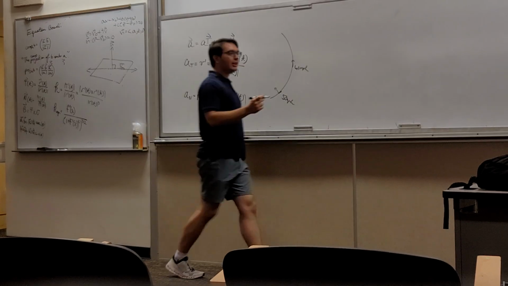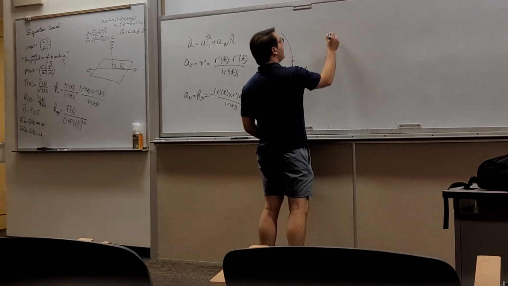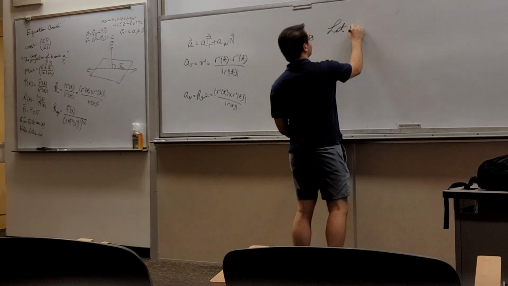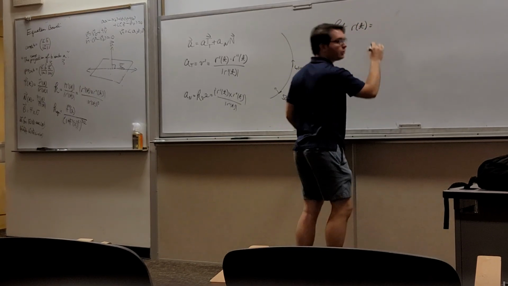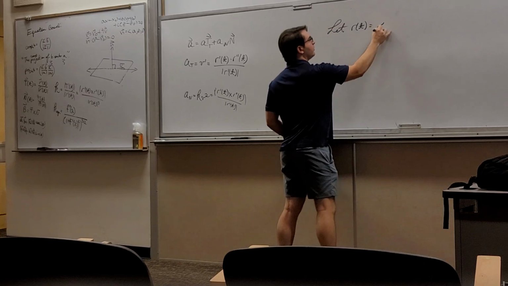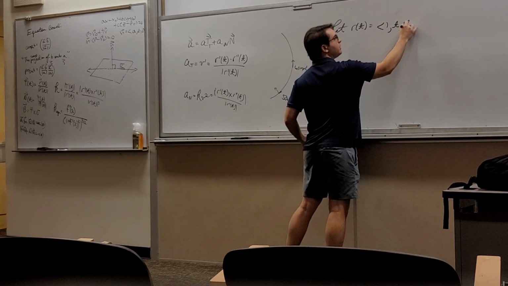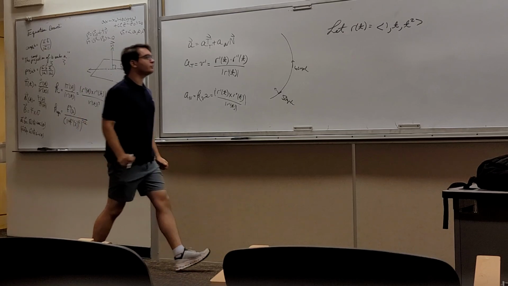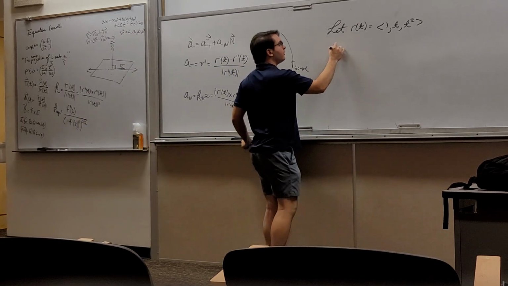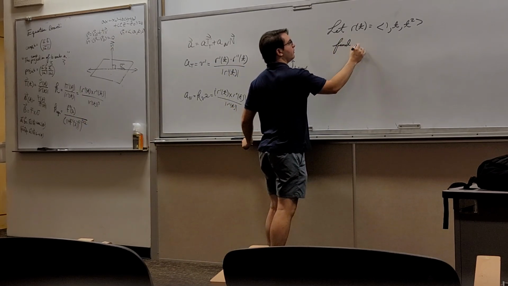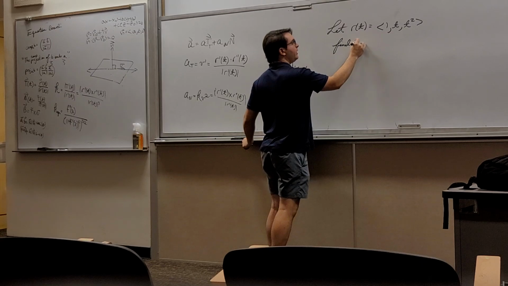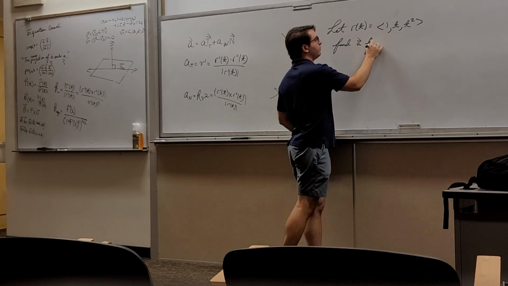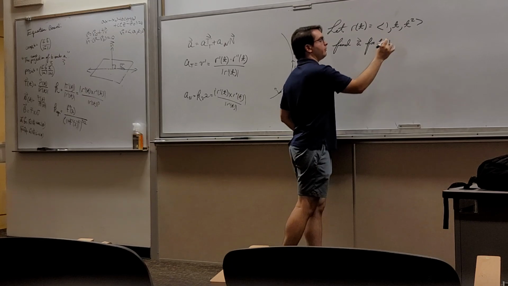So, let's give an example. Let r of t equal to t, 1, t squared. Let's find A as a total vector for t equals 1.